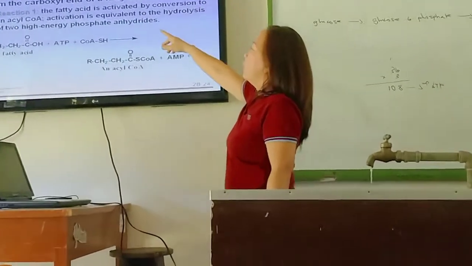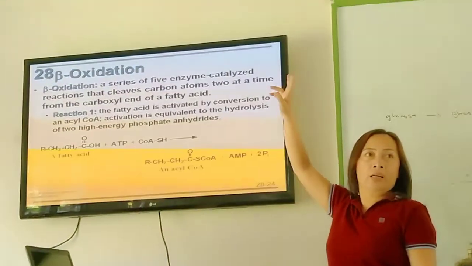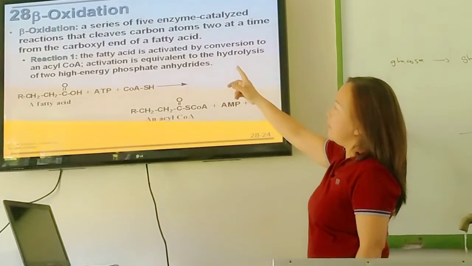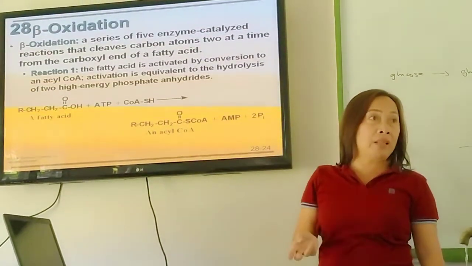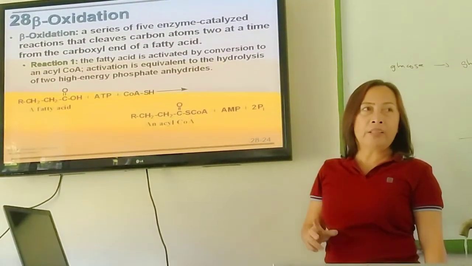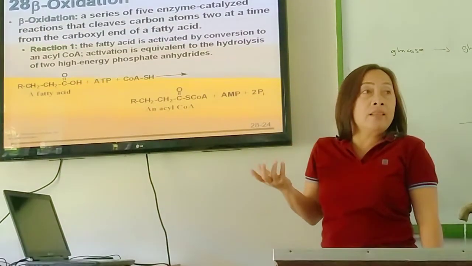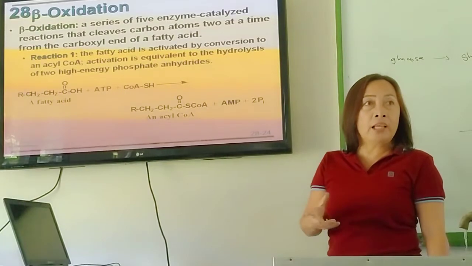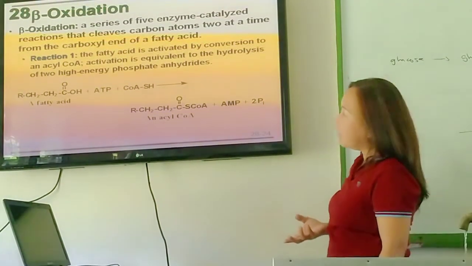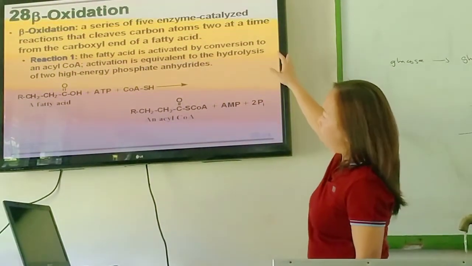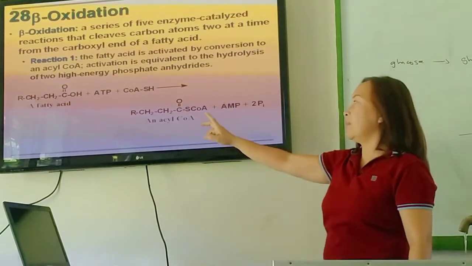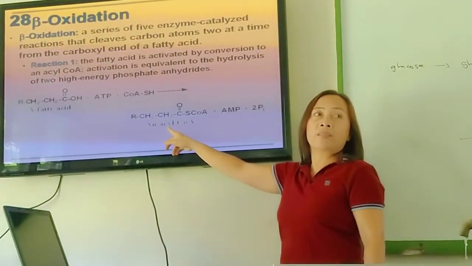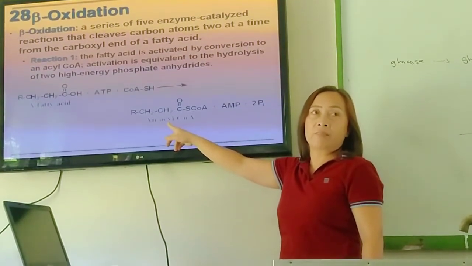You have to take note of this: the fatty acid must be activated first, because fatty acid is an inactive form. We have to convert it into the active form of a fatty acid. When it is activated, we have acyl-CoA. This is an active form of fatty acid.